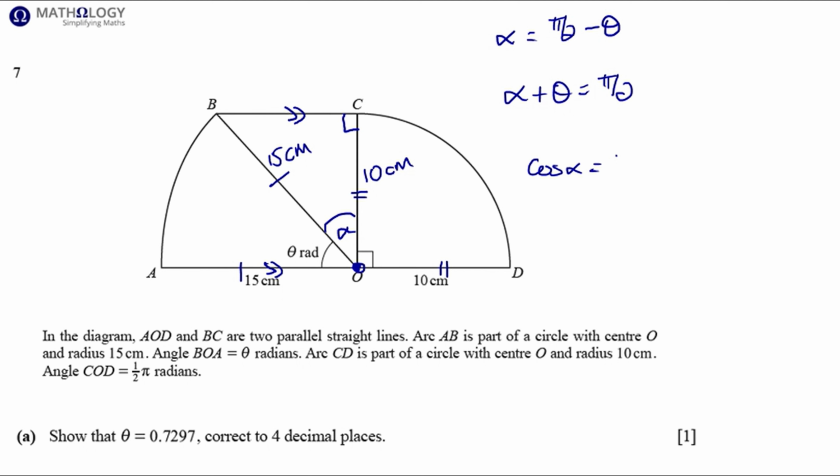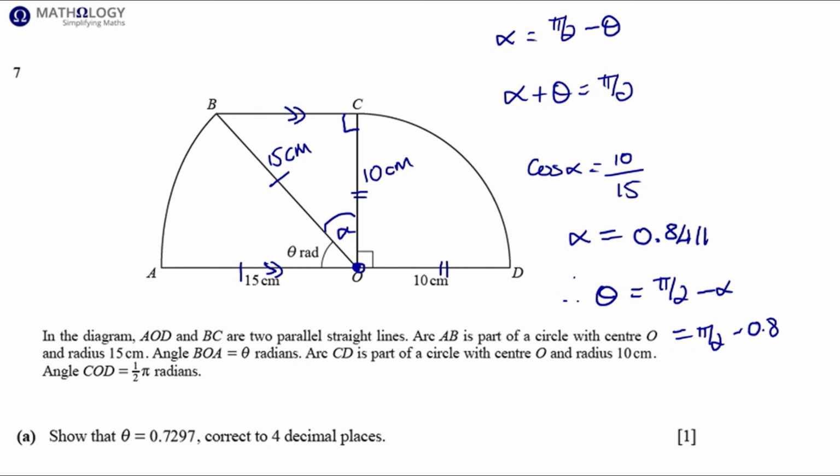So cos alpha is 10 over 15, and then alpha will therefore equal, just make sure you're working in radians, 0.8411, correct to 4 decimal places. Therefore, theta will be pi by 2 minus alpha. That will be pi by 2 minus 0.8411. So theta equals 0.7297 radians.